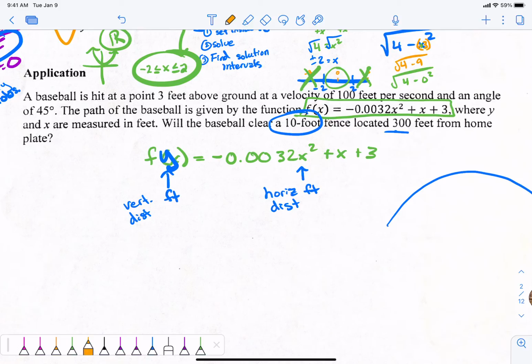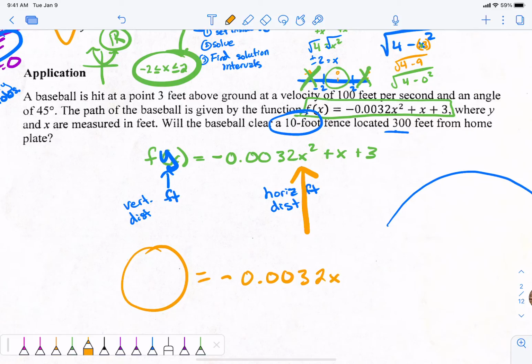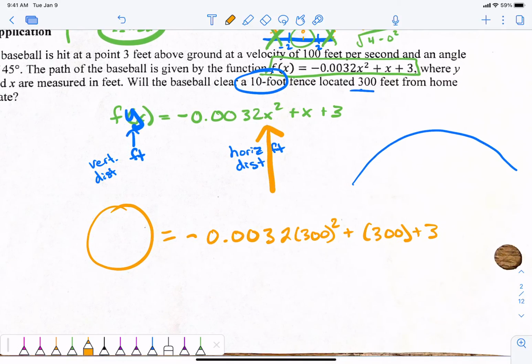I'm going to plug 300 in for x and see if it comes out bigger than 10. So negative 0.0032 times 300 squared plus 300 plus 3.